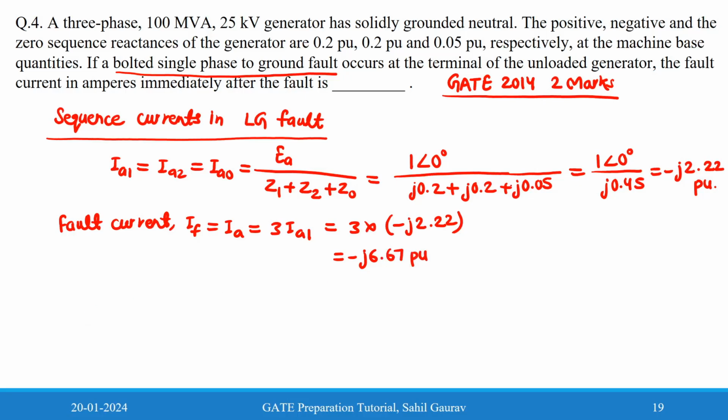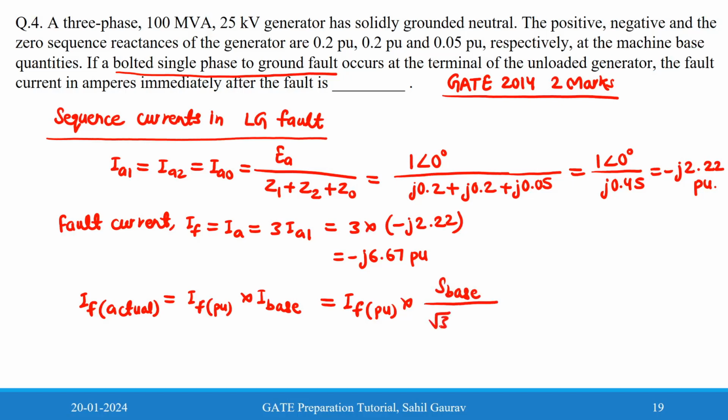Now here in this problem it is asked about the fault currents in amperes. So IF actual current will be IF per unit into I base. IA base we can write S base divided by root 3 into V base LL.